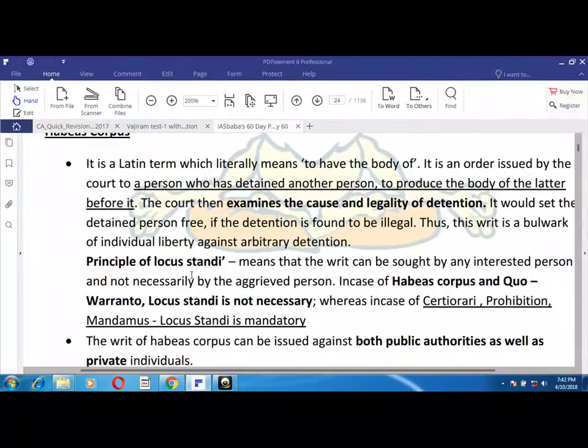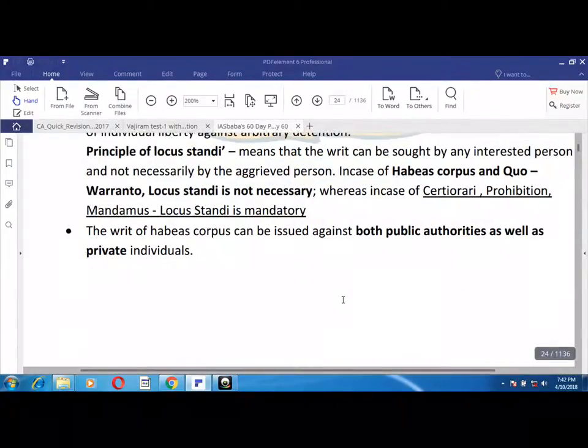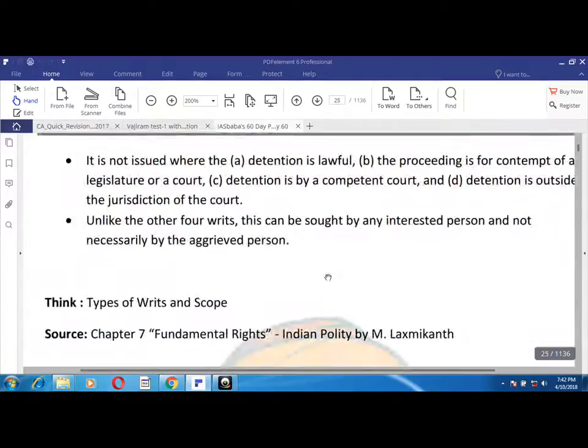The principle of locus standi means the right can be sought by any interested person and not necessarily by the aggrieved person. In habeas corpus and quo warranto locus standi is not necessary, whereas in certiorari, prohibition, and mandamus locus standi is mandatory. The writ of habeas corpus can be issued against both public authorities as well as private individuals.